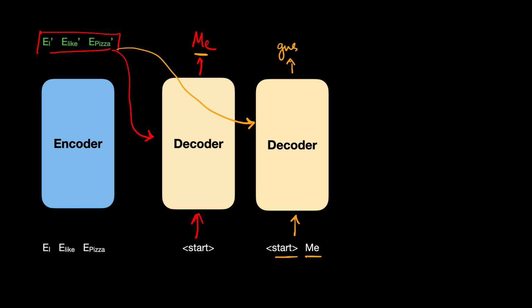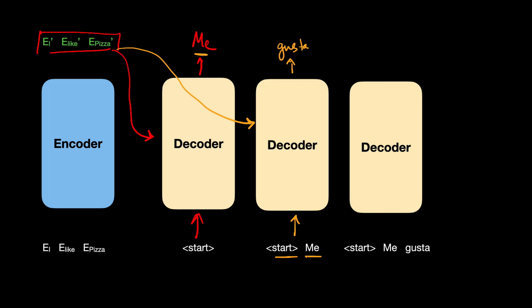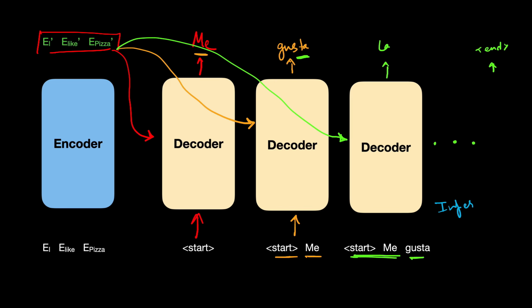Let's say this is the Spanish word gusta. Then in the third step, it will take this gusta as the input along with both the previous words as well as the encoder's output and make another prediction. This process continues till the decoder produces the end token, which will indicate it to stop the decoding process. This is how encoding-decoding works in transformers during inference time.